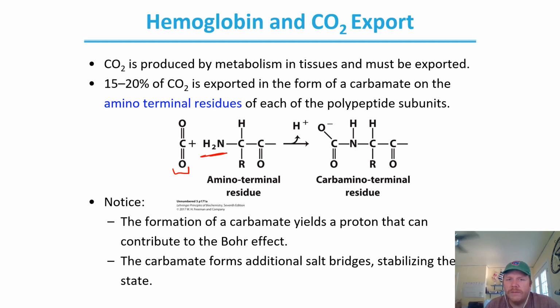This is known as carbamation, and you form this carbamino terminal residue. The formation of the carbamate yields a proton right here that can contribute as well to the Bohr effect. So you've got two factors that are going to increase the hydrogen ion concentration, this carbamation as well as carbonic anhydrase.